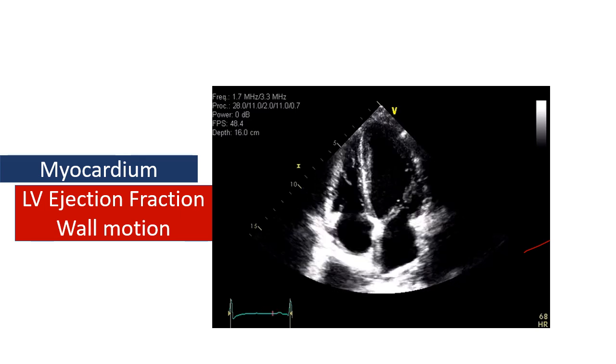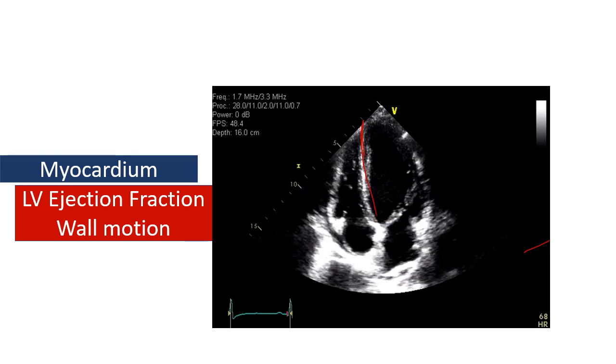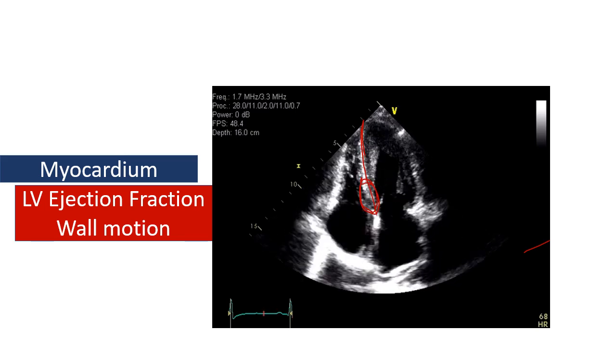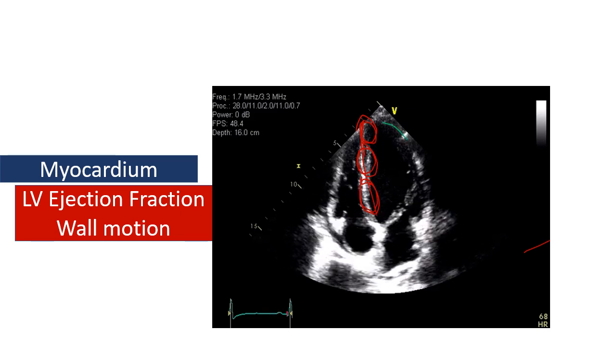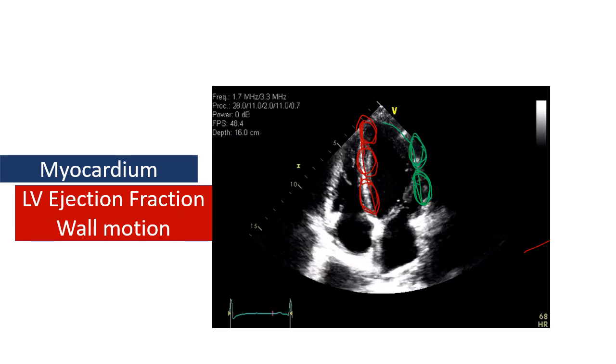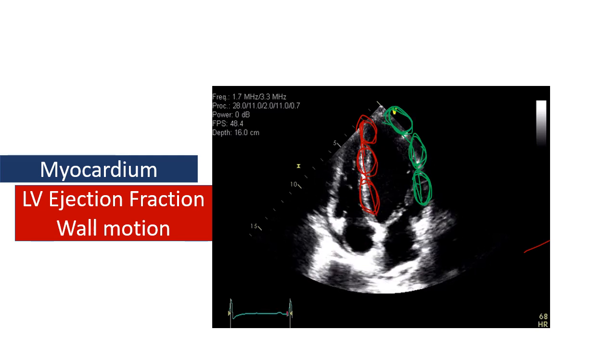So for example, if you get this inferoseptal wall, we shall classify it into basal inferoseptal, mid inferoseptal, and this is called the apical septal. Similarly, with the anterolateral wall, this is the basal anterolateral, this is the mid anterolateral, and this is the apical lateral. So we will comment on every segment of these regarding the contractility.